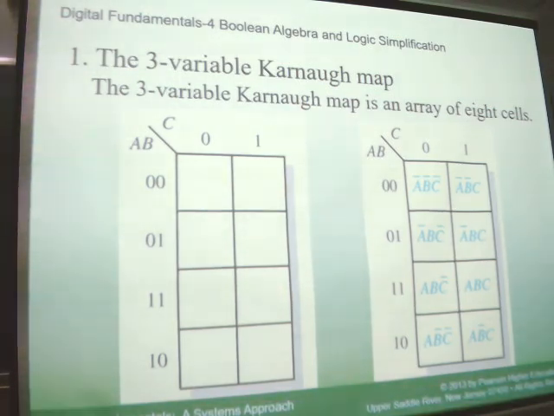I find the BC and the D. AB and C. Try a different one.